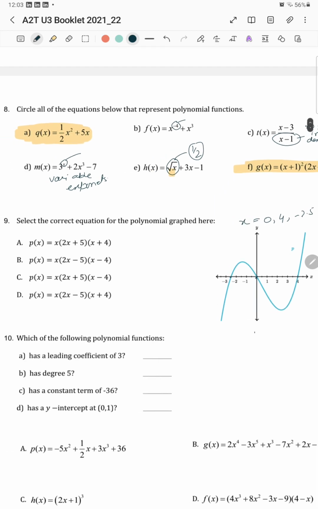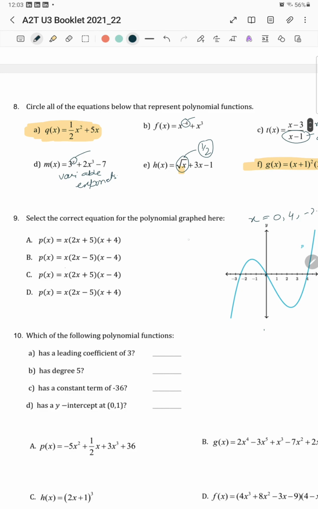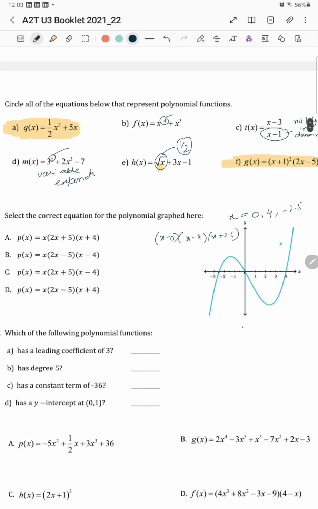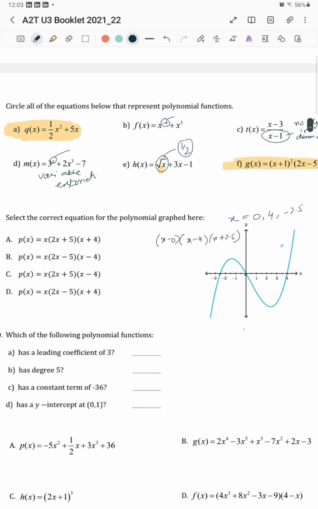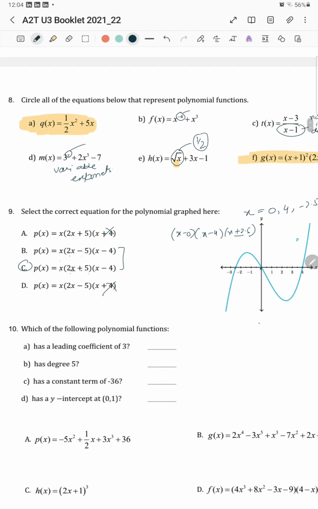So it should be x minus 0, x minus 4, x plus 2.5. So x minus 4 is common. We have two options, x minus 4 and x with 2x minus 5 or 2x plus 5. So it would be x plus 2.5, so it's 2x plus 5. So option C is the correct answer.